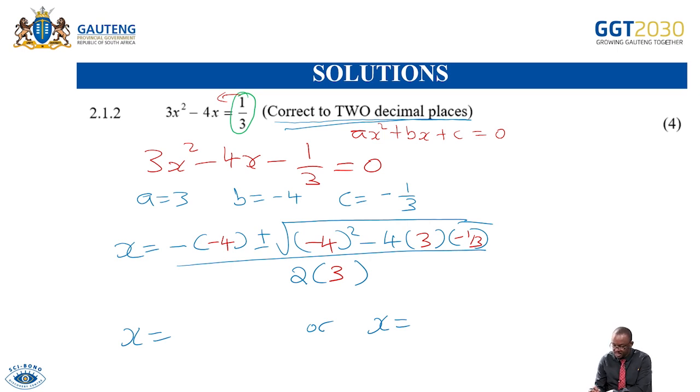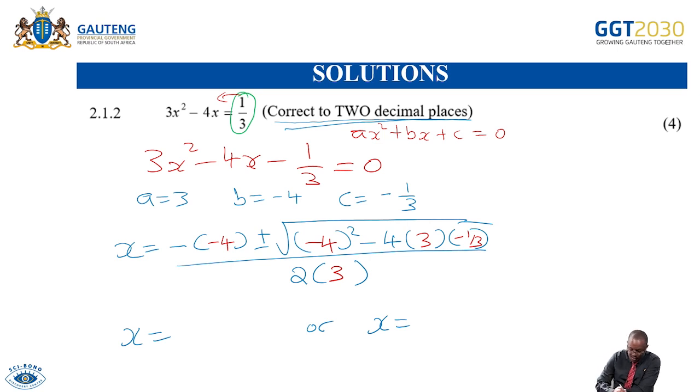We said b is negative 4, then your b squared is negative 4 squared. Your a is going to be 3, and your c is going to be negative 1 over 3.